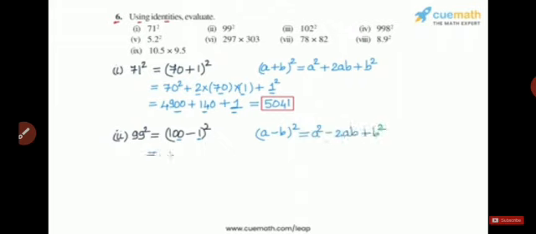And here a is 100 and b is equal to 1. Then 100 square minus 2 × 100 × 1 plus 1 square. Then we get 1, 4 zeros minus 200 plus 1. Now add and subtract these terms.